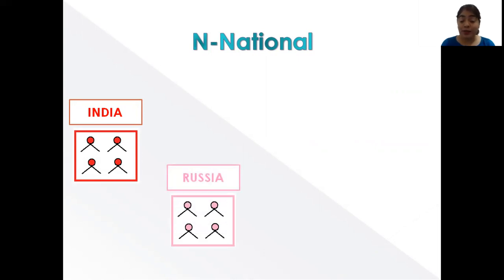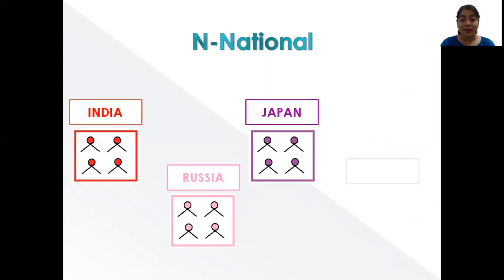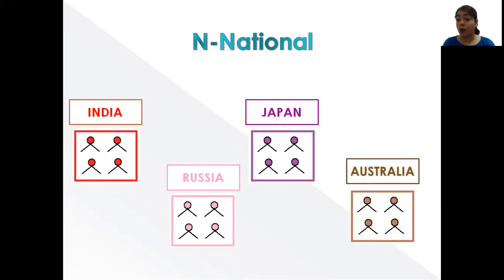Pink color shows Russia and its residents. Purple color represents the country Japan and its residents. And there is a color brown which shows the country Australia and the residents of Australia. So here N in GNP means it is the contribution of the nationals or the residents for a country's economic growth.